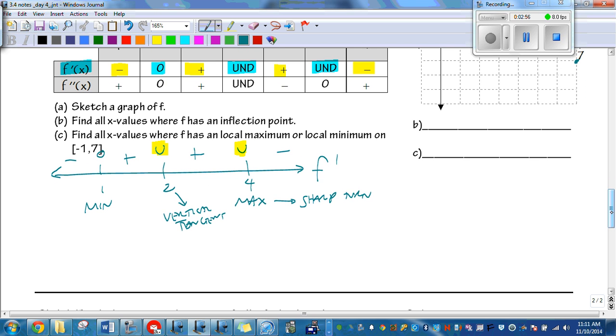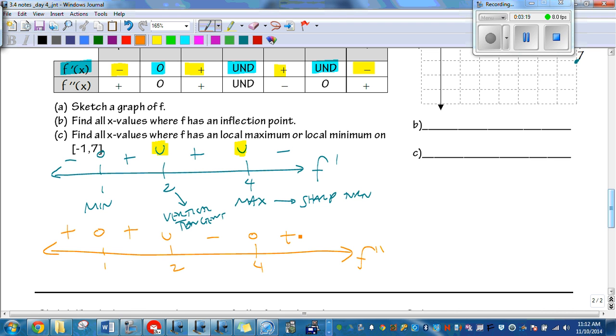Now, we also want to look at our second derivative. So our second derivative, same values on the number line, 1, 2, and 4. Our second derivative is 0 at 1, undefined at 2, and 0 at 4. And we can see the signs there. We have positive, positive, negative, and positive.